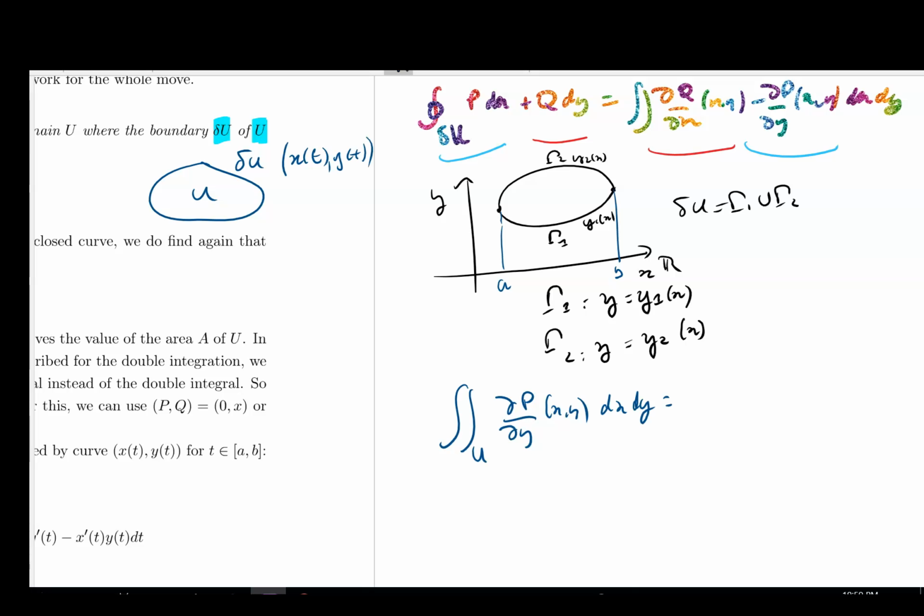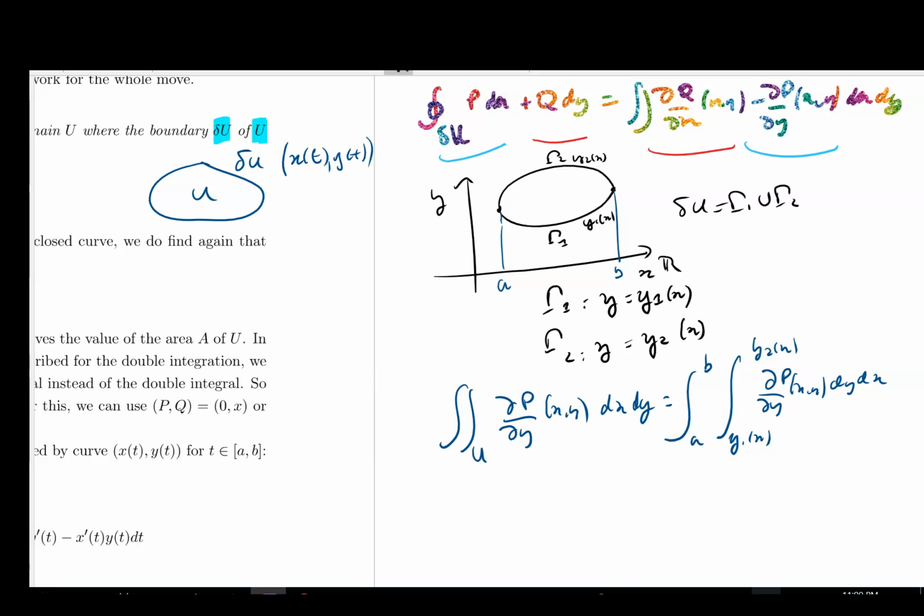That's going to be the integral from a to b, so x is going from a to b, and y is obviously going to be between y1 of x and y2 of x, of my usual function, dP over dy of x y, dy dx. I need to do this in that order because this is how I can describe my domain.